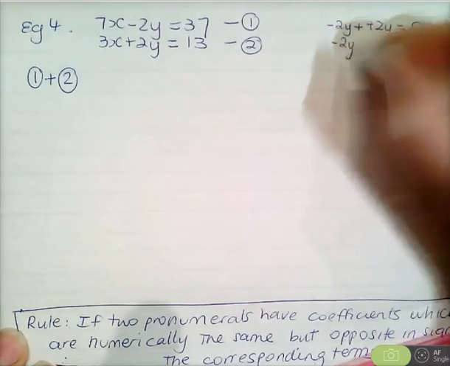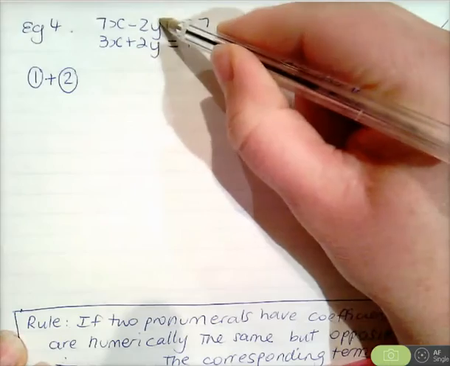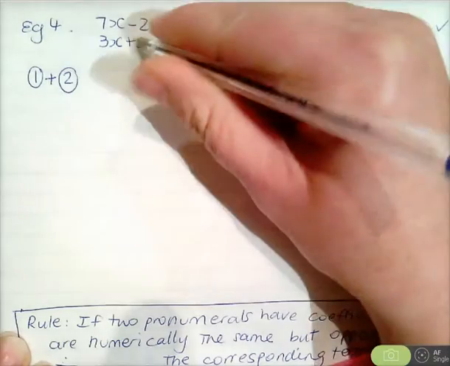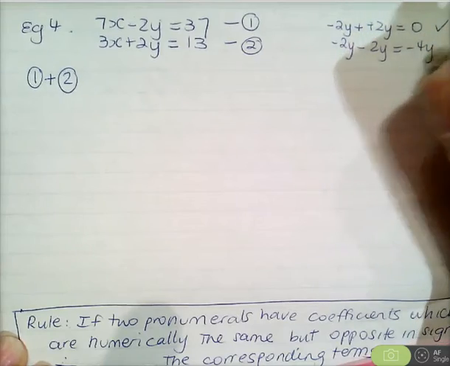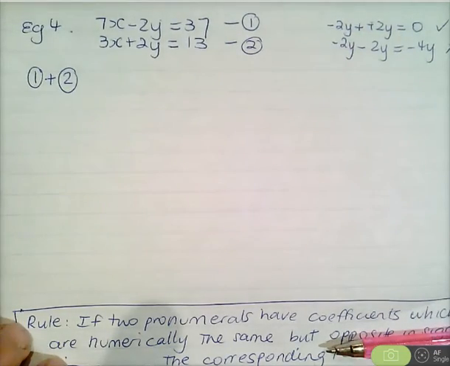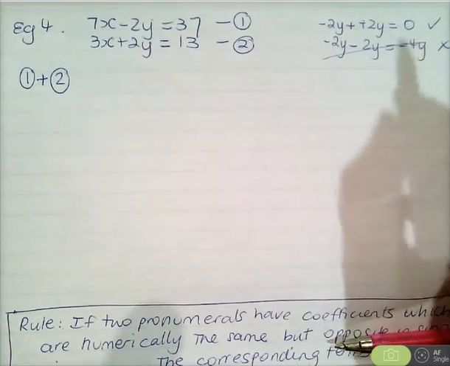Because if we did equation 1 minus equation 2, we would get negative 2y minus plus 2y, or just minus 2y, and we'd get negative 4. And therefore we have not eliminated the y's, so that's no good. So we're going to do equation 1 plus equation 2.